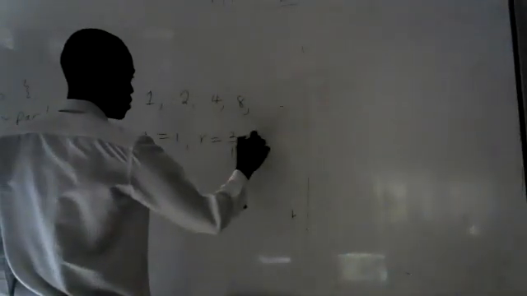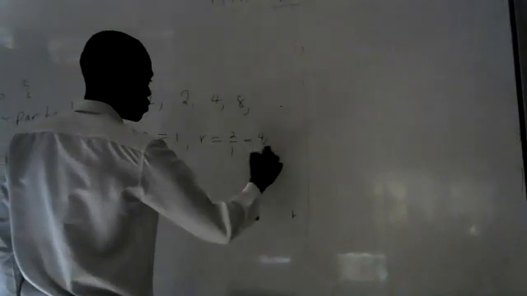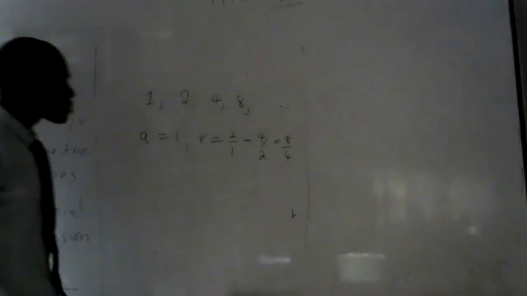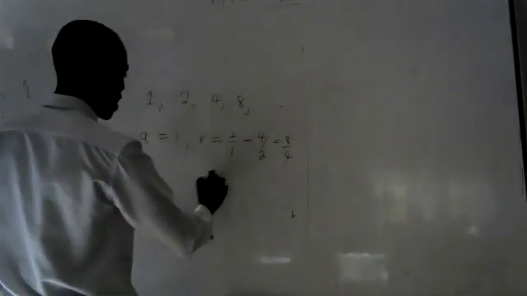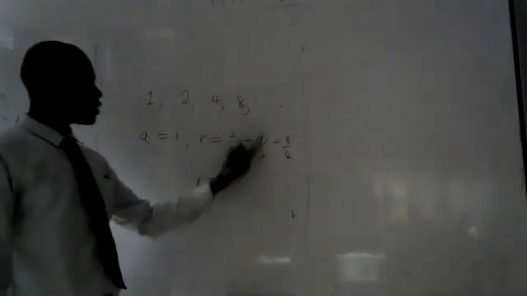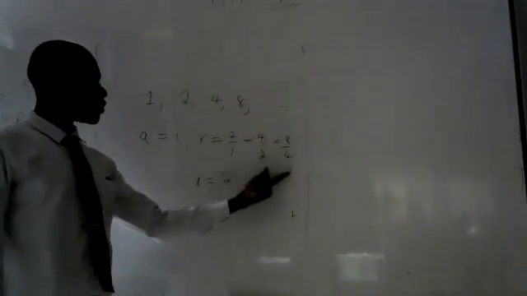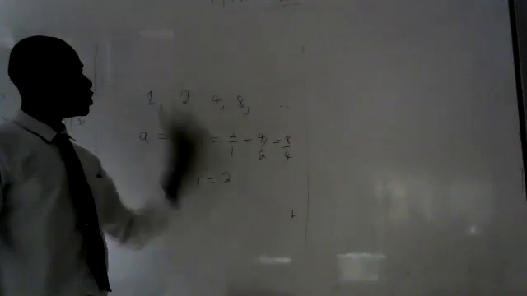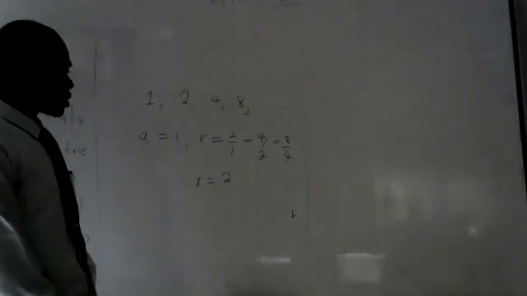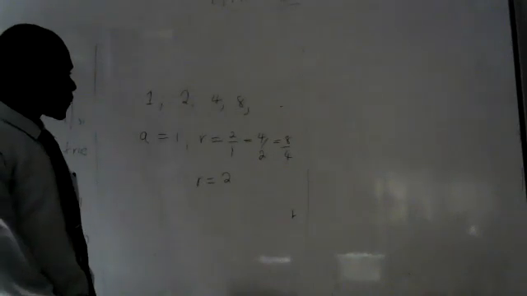So R should be 2 divided by 1, which should be the same as 4 divided by 2, the same as 8 divided by 4, all the way. So it's obvious that in this case, R is going to be 2, because 2 divided by 1 is just 2, 4 divided by 2 is just 2, 8 divided by 4 is also 2. So this is an example of a geometric sequence. Is that better? Yes, much better.